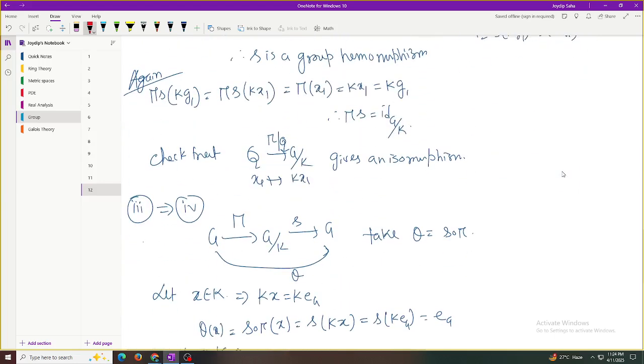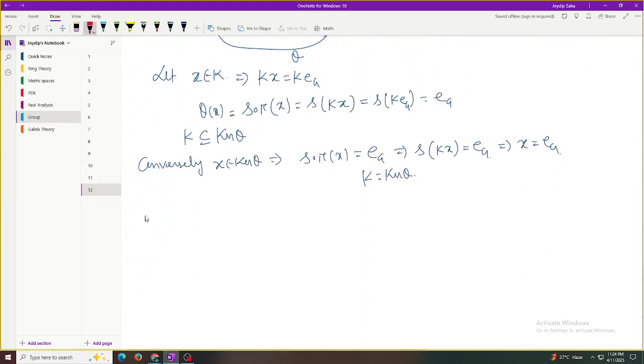So if y belongs to image theta, so y equals s compose pi of x for some x.